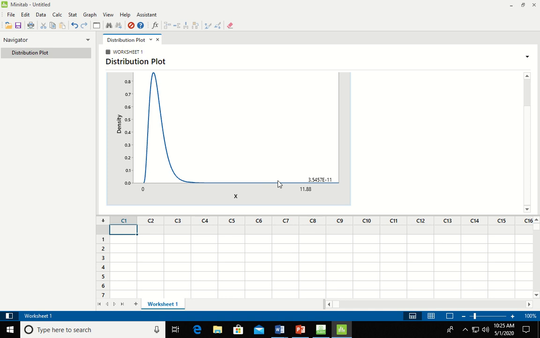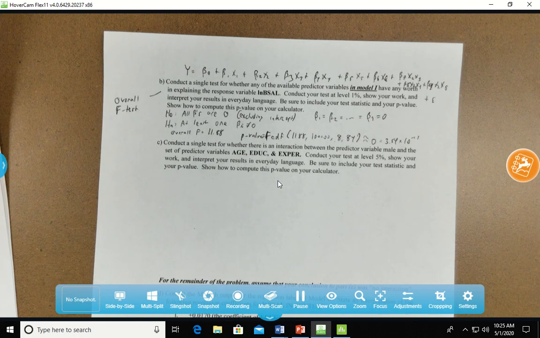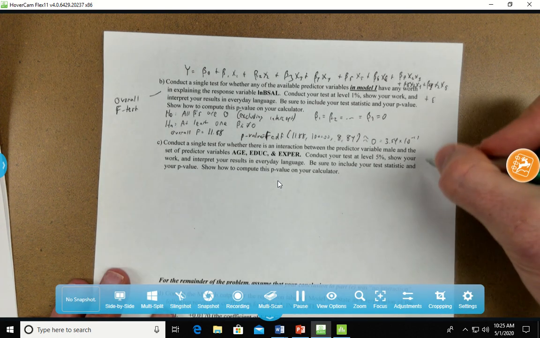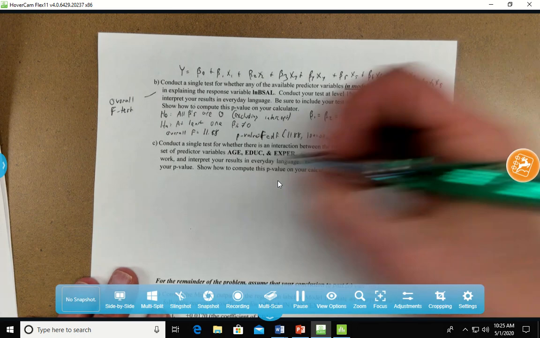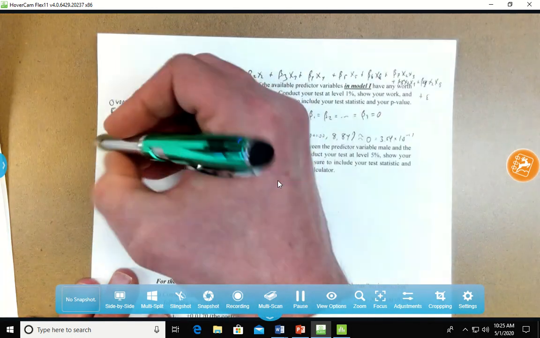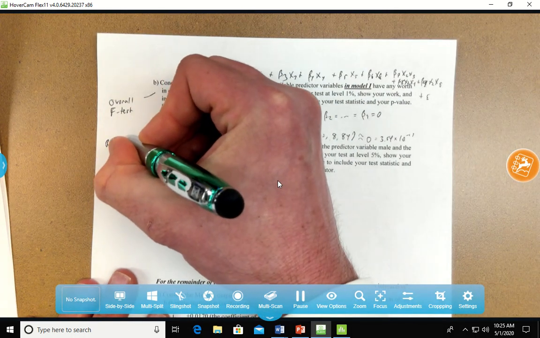So 3.54 times 10 to the negative 11. I would say that there's very strong evidence that we should reject the null hypothesis. I would usually have more room. You'll have more room because you'll have just a sheet of paper. I'll put it over here: reject null hypothesis. We're not done.